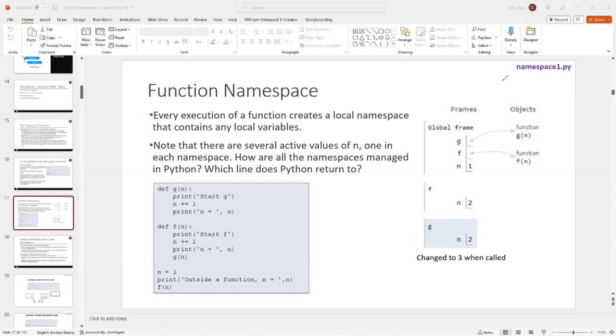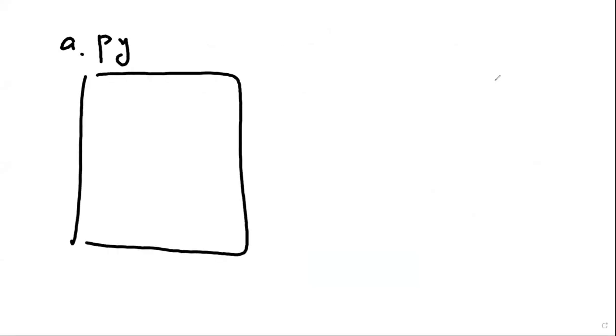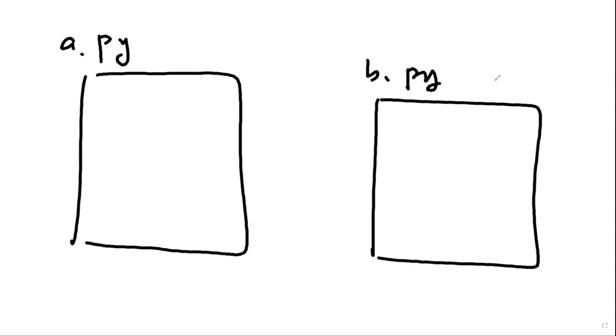So namespace, each module, say I have a program called a.py. So a.py has its own module, its own namespace. b.py has its own namespace. Okay, so sometimes you do have import b. When you import b here, you may have an f function here, you may have an f function as well.